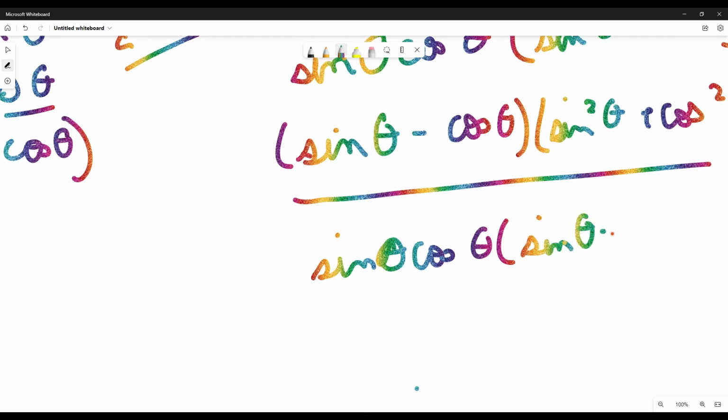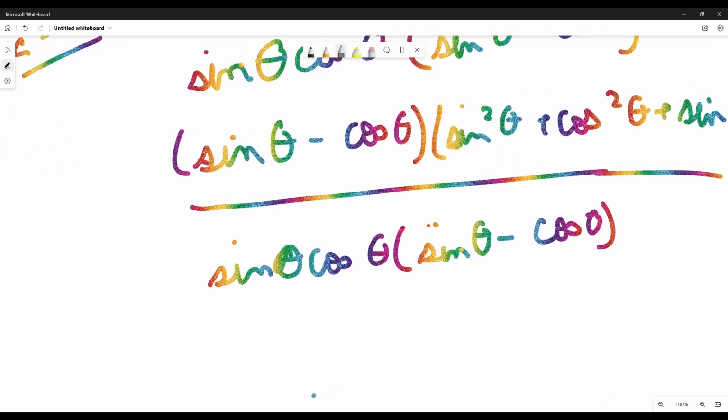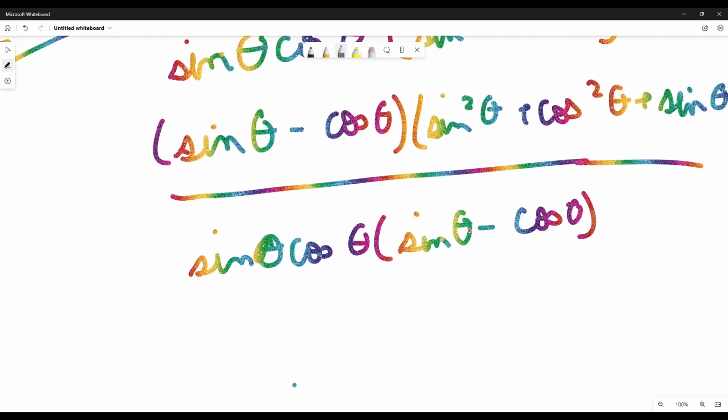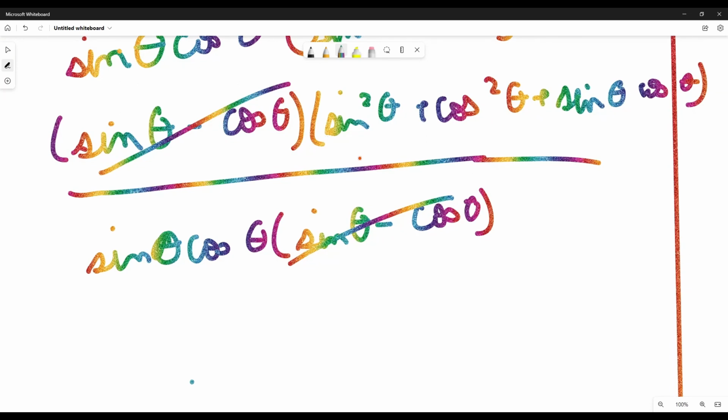I think most of you have figured out what can be cancelled now. Yes. So I think we all can see that sine theta minus cos theta is common and all of them are in multiplication. So just reduce them off. Okay. And we see one more identity, sine square theta plus cos square theta, which was equal to 1.